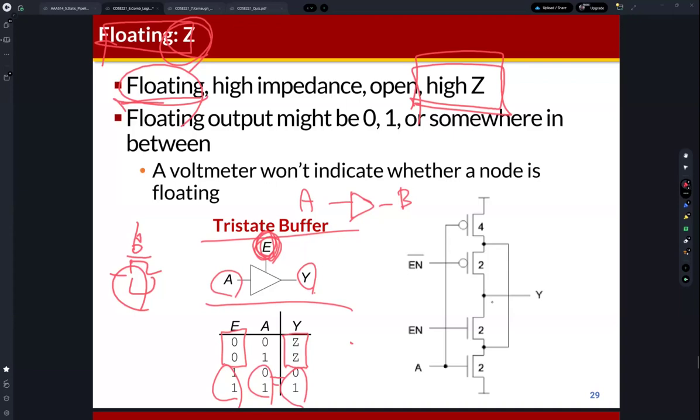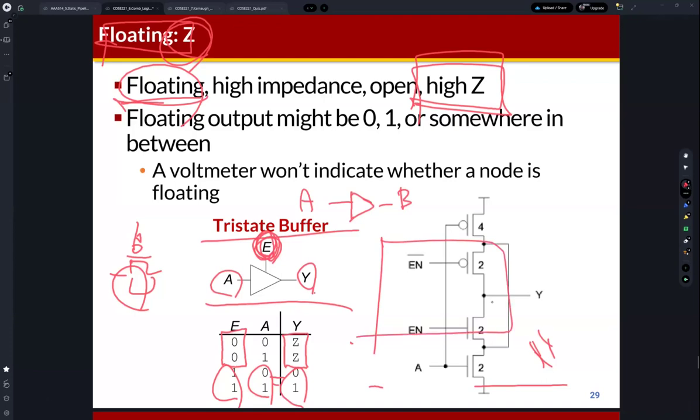And then we can implement a tri-state buffer like this, right? The symbol is actually a little bit different because it's a kind of inverter, but you can find some control part here.